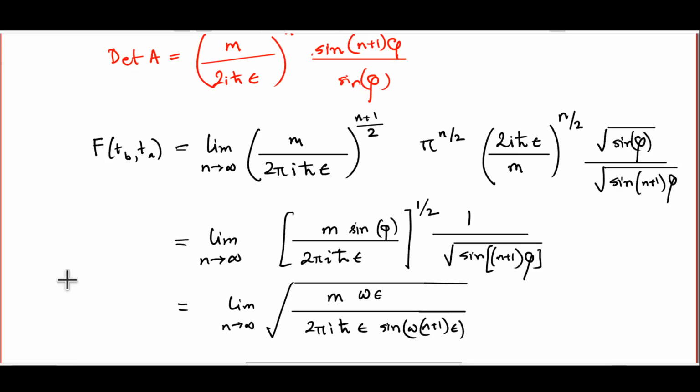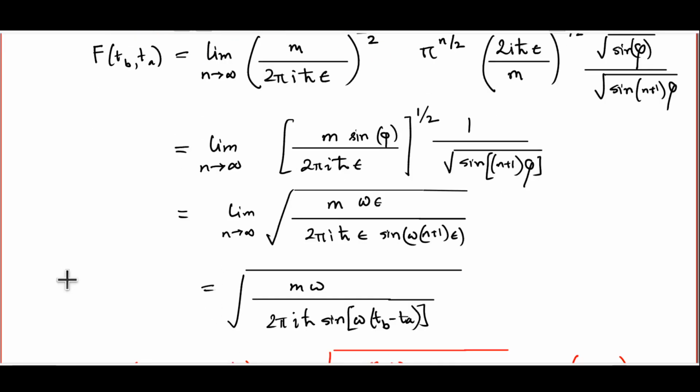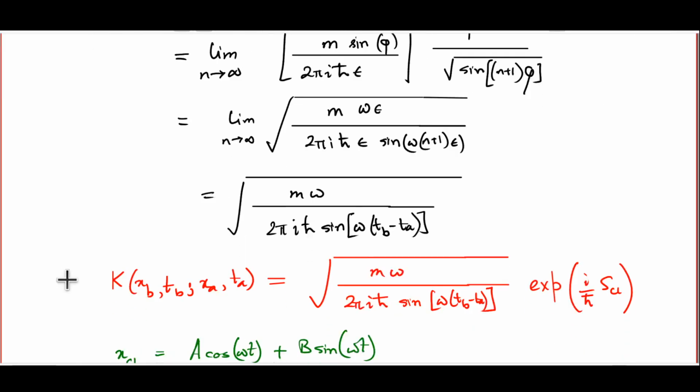Using the fact that n plus 1 epsilon is nothing but the total time interval, that is t_b minus t_a, this simplifies to the following expression: square root of m omega by 2 pi i h cross sine of omega t_b minus t_a. So this is my overall normalization factor, and the propagator is simply this factor times exponential of i by h cross times the classical action.